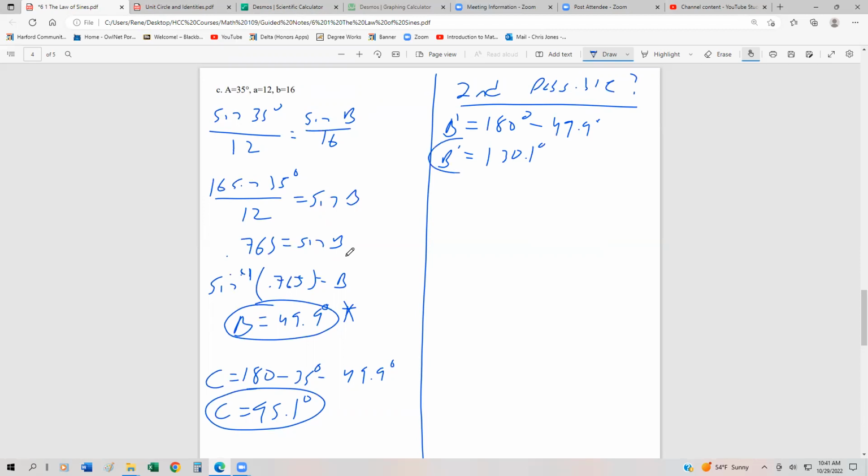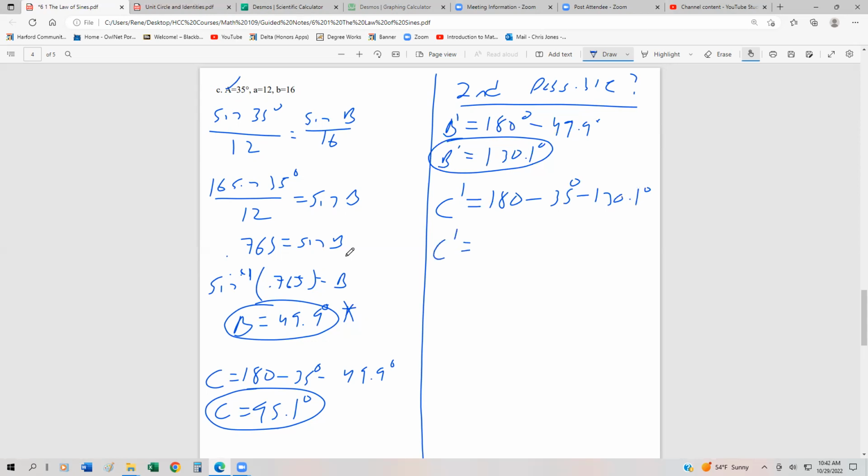Is there another possible C, which I can call C prime? Remember, what we did was we found 180 minus 35 minus 49.9. Let's see if C prime exists. C prime would be equal to 180 minus 35 degrees, which is the given A, minus 130.1 degrees.